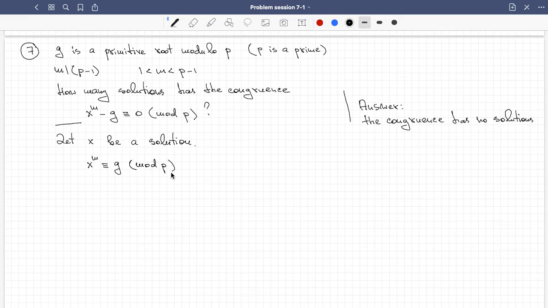Then we raise both to the power p minus 1 divided by m, and it is congruent to g to this power. What I want to say is that this congruence is impossible.